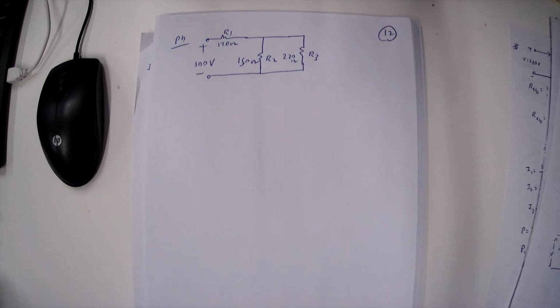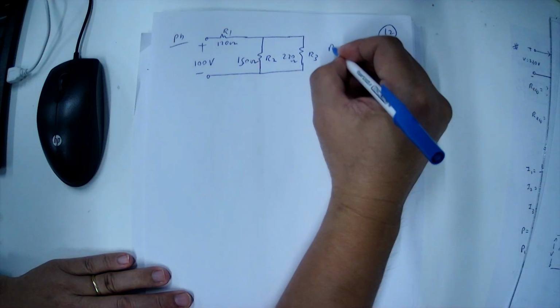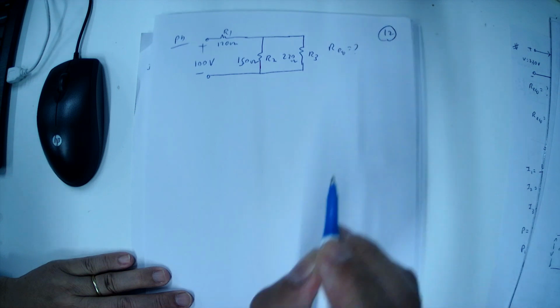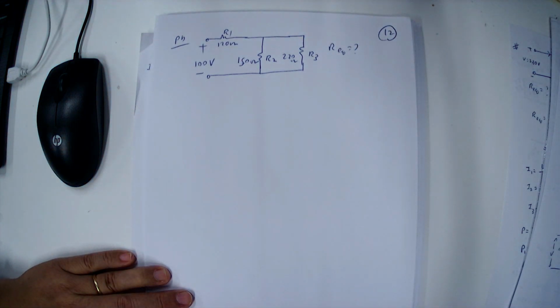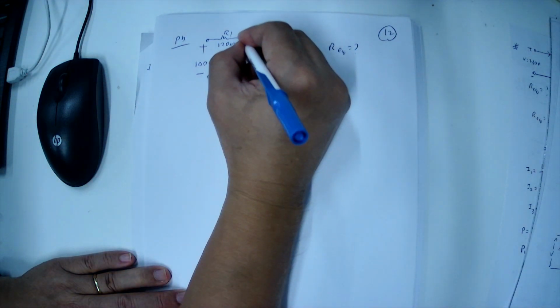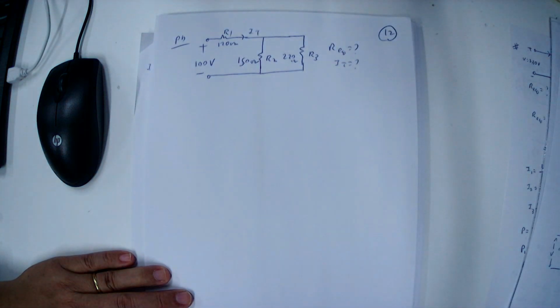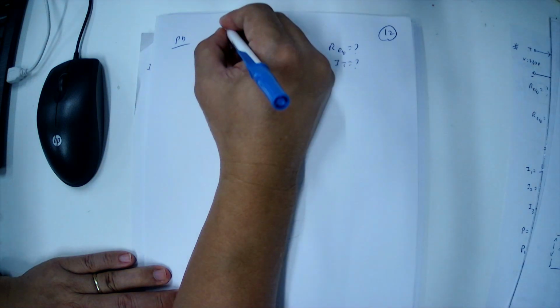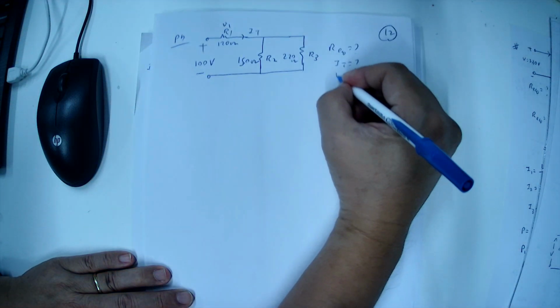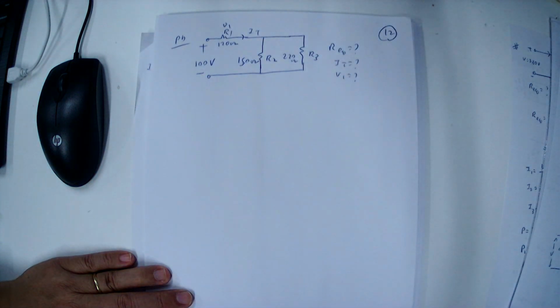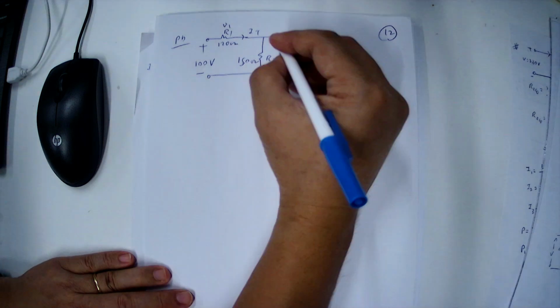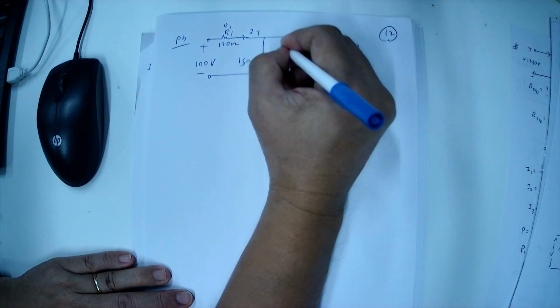We need to calculate the equivalent resistance. We need to calculate the total current. We need to calculate the voltage drop across R1. We need to calculate the voltage drop across R2 and R3.